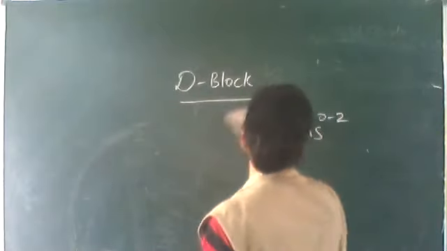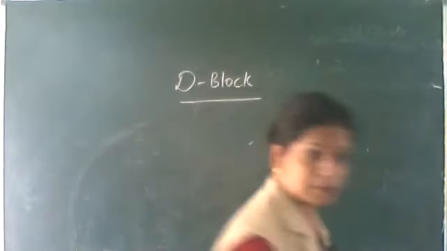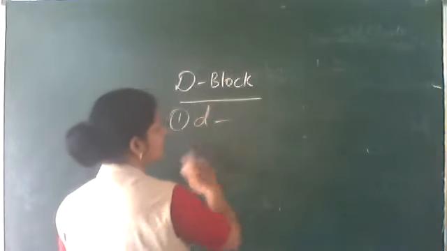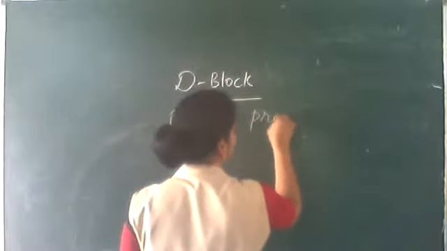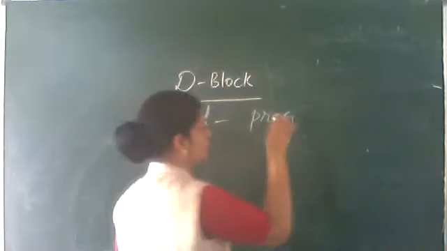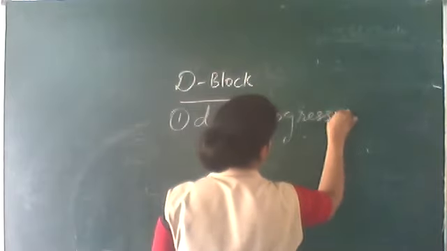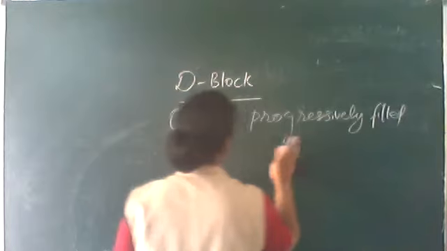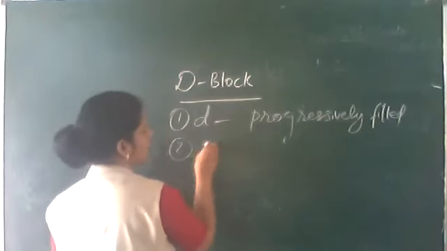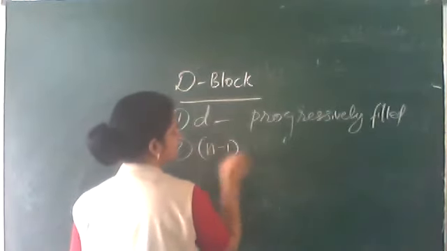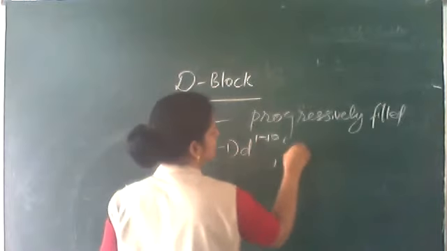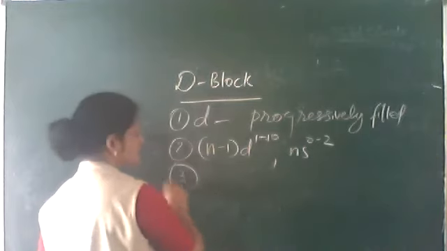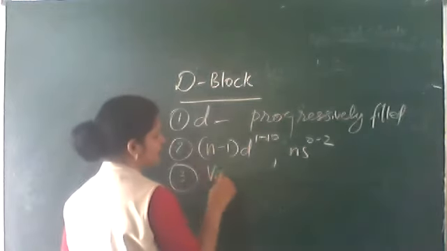So what are the general characteristics of D block elements? First one, D orbitals are progressively filled, means the last electron enters a D orbital. General electronic configuration, that is (n-1)d 1 to 10 and ns 0 to 2. They show variable valencies.